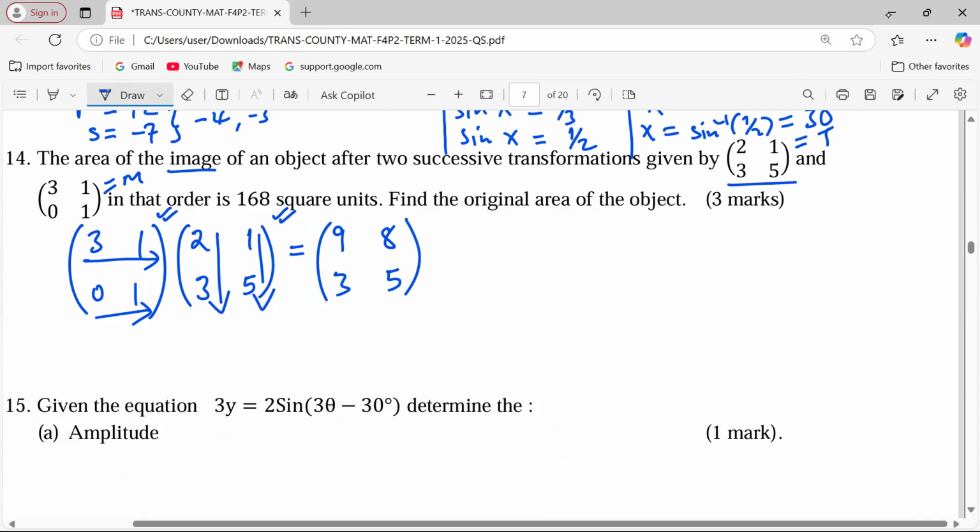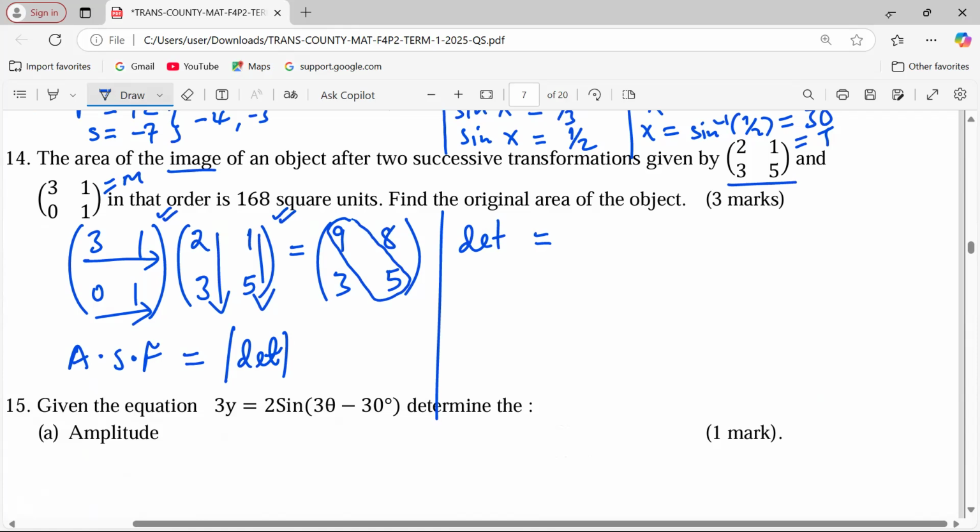Now, we're supposed to know that area scale factor equals the absolute value of the determinant of the responsible matrix. The determinant is given by the product of elements in the main diagonal, 9 by 5, minus the product of the elements in the other diagonal, 3 by 8.